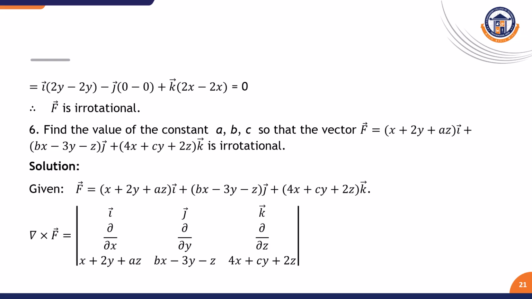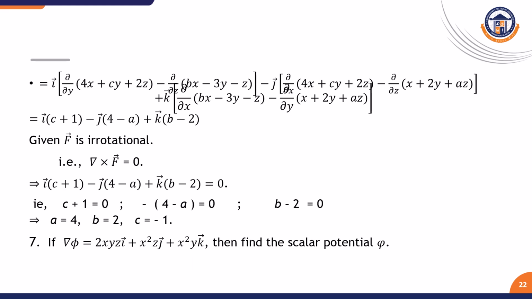The next problem is, using this irrotational condition concept, we are going to find the three unknowns a, b, c, because a, b, c are involved in the given vector point function. First we write the f vector, then del cross f vector. We expand this. Then we write the given condition, f vector is irrotational, so we can use this.